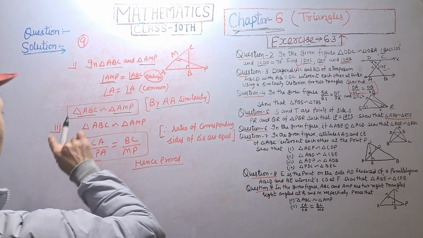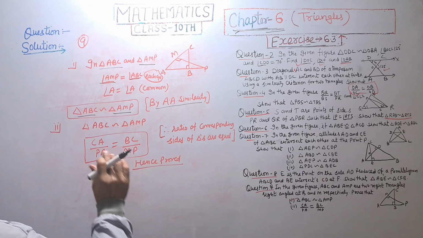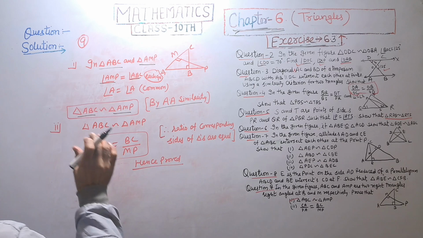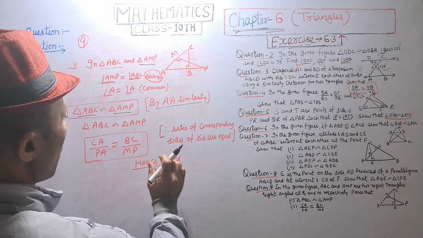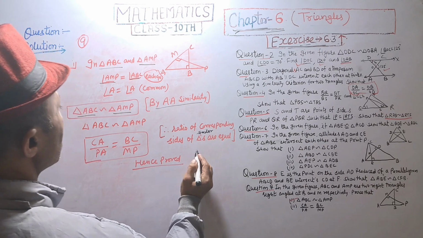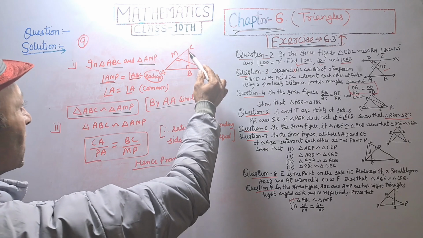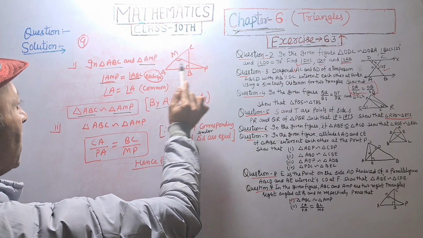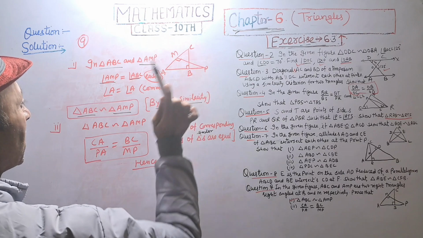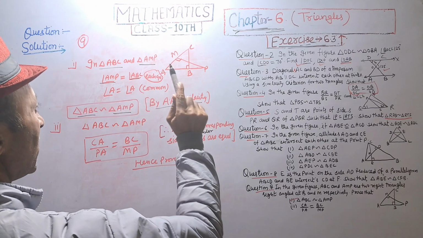First part holds. Second, triangle ABC is similar to triangle AMP, so the ratio of corresponding sides of similar triangles are equal.